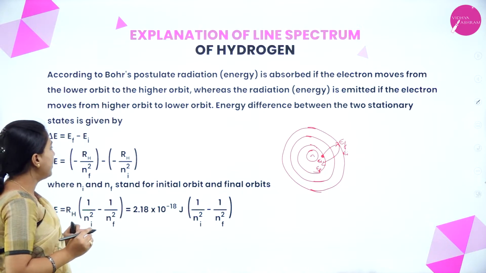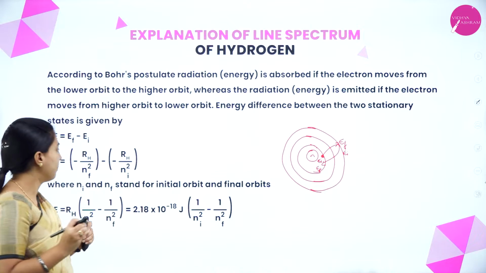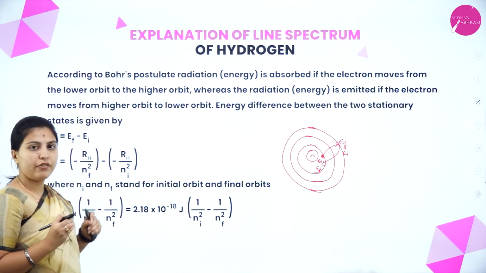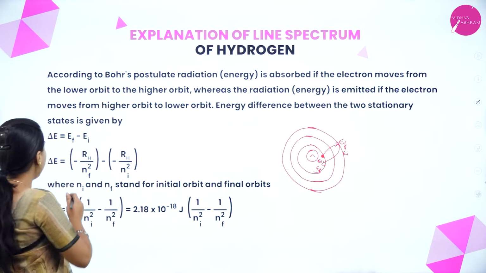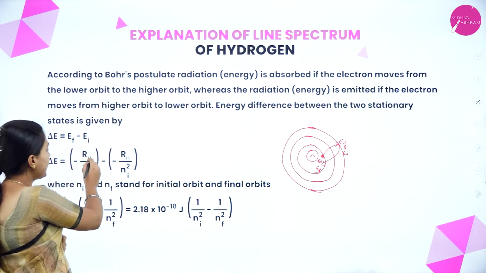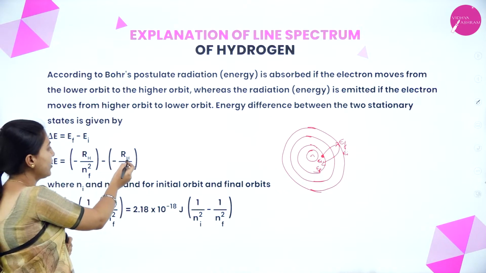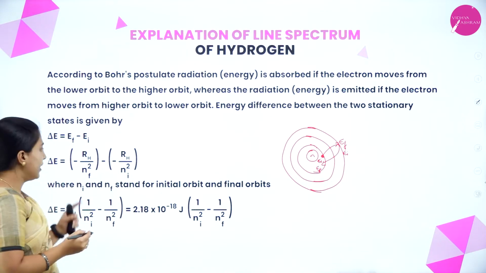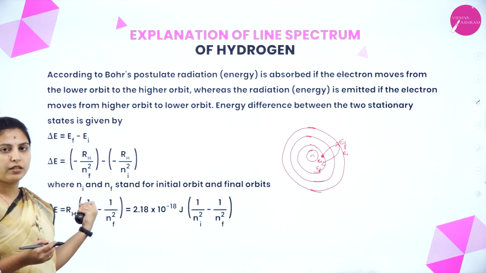Delta E means the difference, E2 minus E1, that is Ef minus Ei, the final energy minus the initial energy. Delta E equals minus RH by Nf square minus minus RH by Ni square. This is the energy equation we get from Bohr's atomic model.